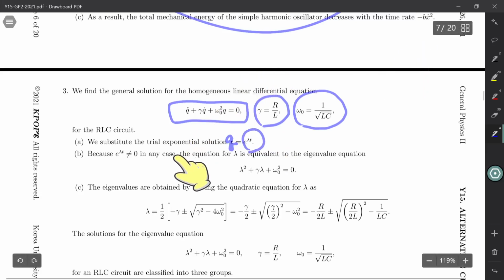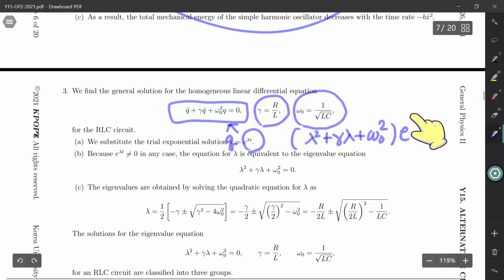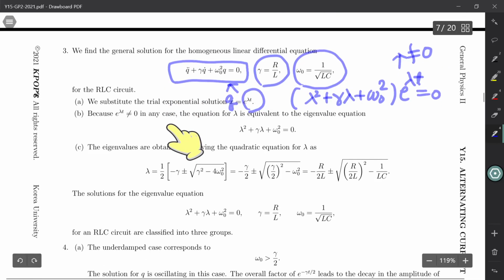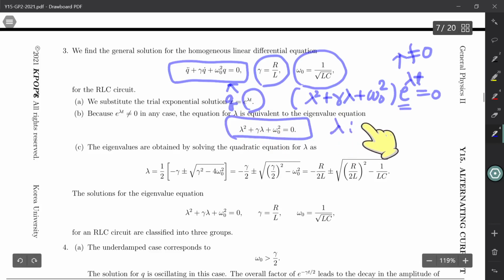If I substitute this exponential trial function, it becomes lambda squared plus gamma lambda plus omega 0 squared times e to the lambda t equals 0. The exponential function never becomes 0, so we can divide both sides by it to find the quadratic equation for lambda. We say lambda is the eigenvalue.